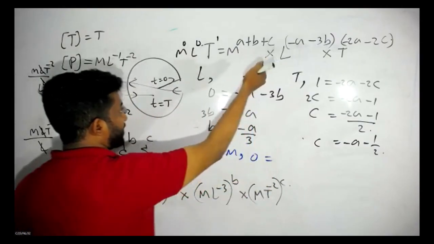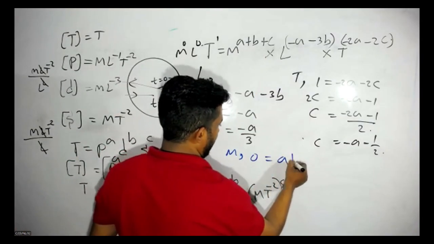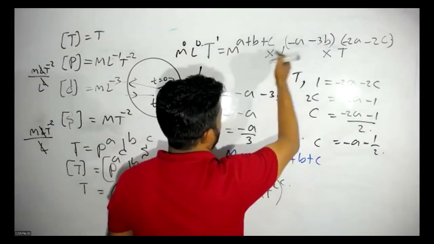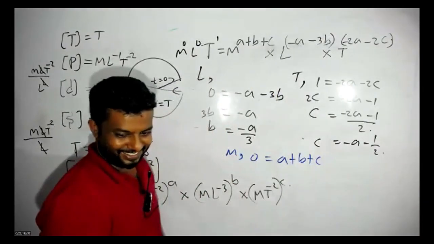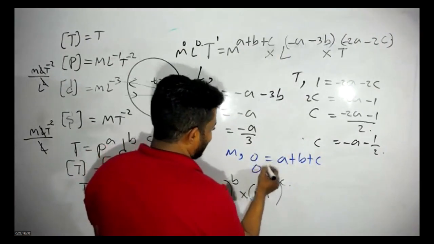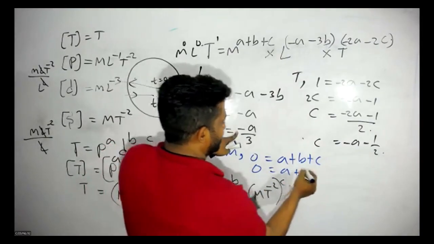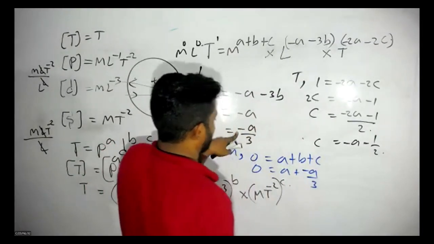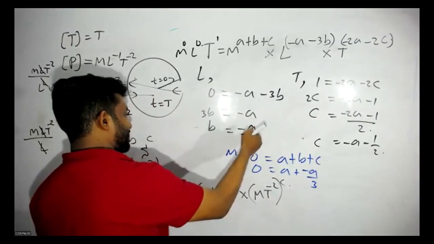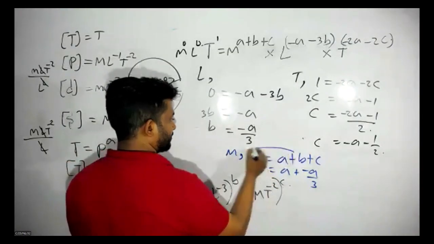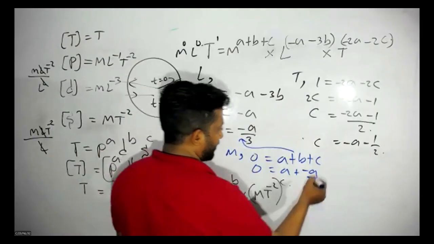At the right side, the dimensions of M is A plus B plus C. Easy. Now you have found B as minus A over 3, and C as minus A minus half. You can substitute them.